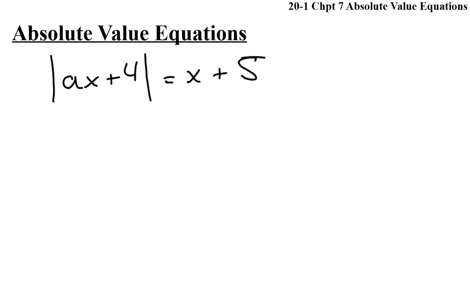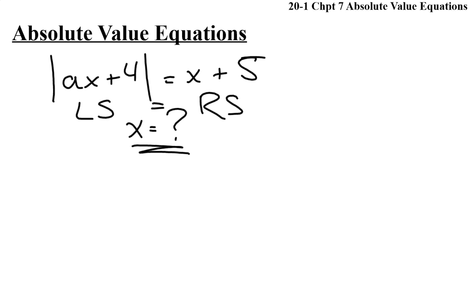Nothing's new in terms of what we're trying to do. We need to know what x is so that this left side is exactly the same as the right side. So let's just jump into it. What I do find is that the math is fairly straightforward.